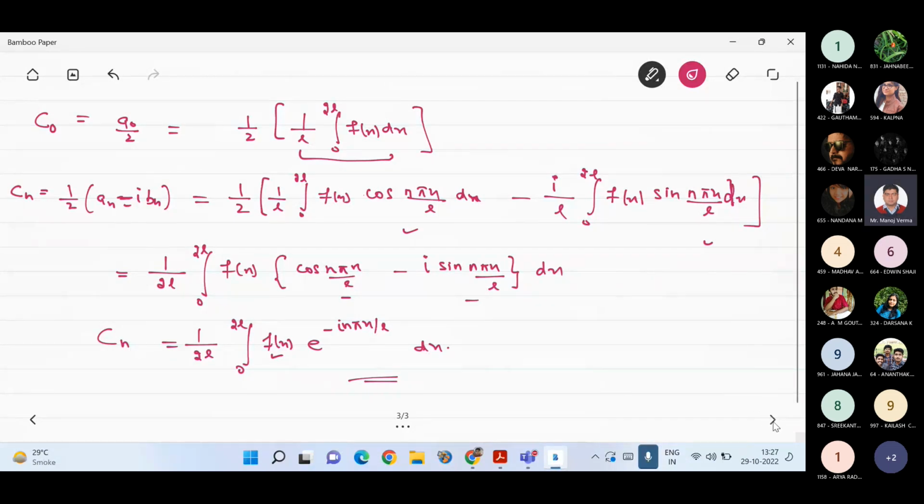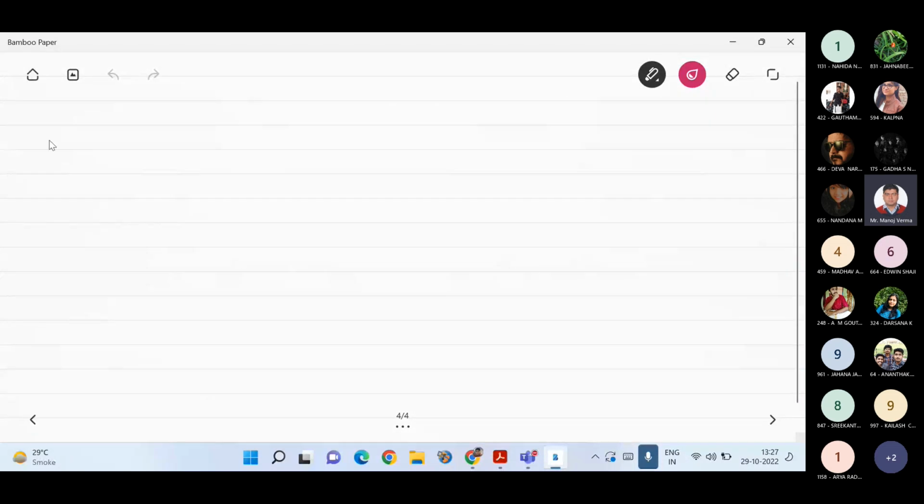Similarly, for C minus n, if you recall, the definition of C minus n was half of An plus iota Bn. On similar lines, I can show that the value of C minus n can be calculated.